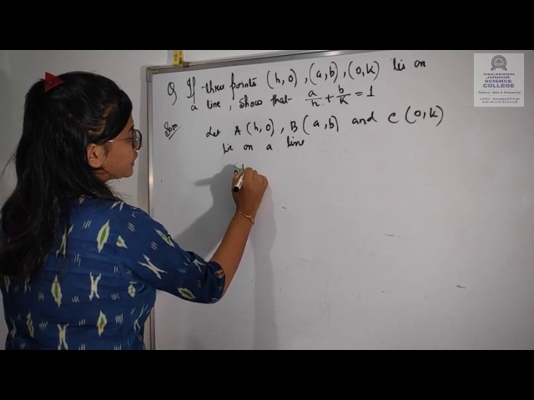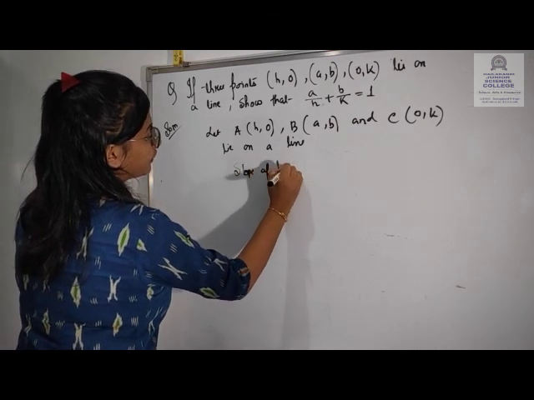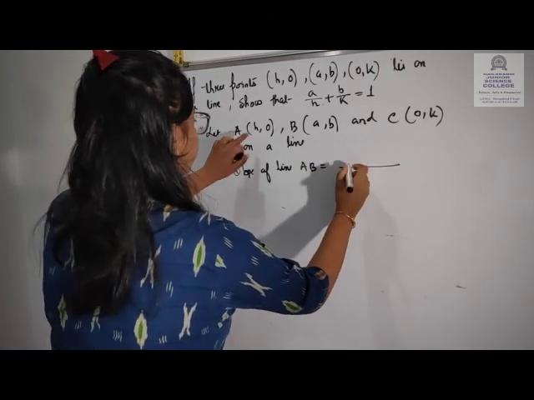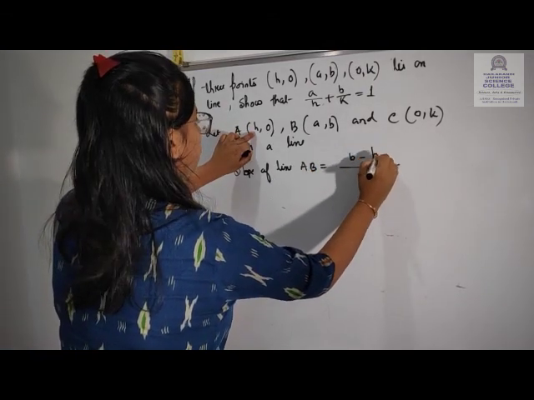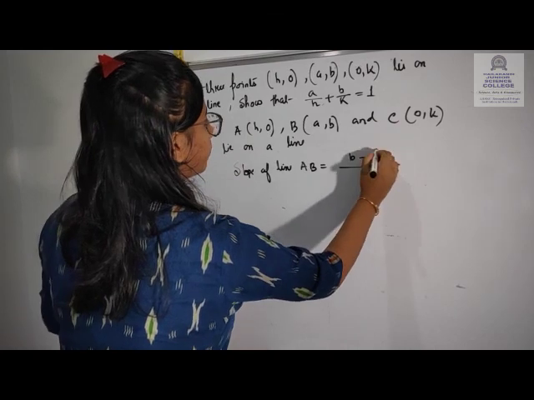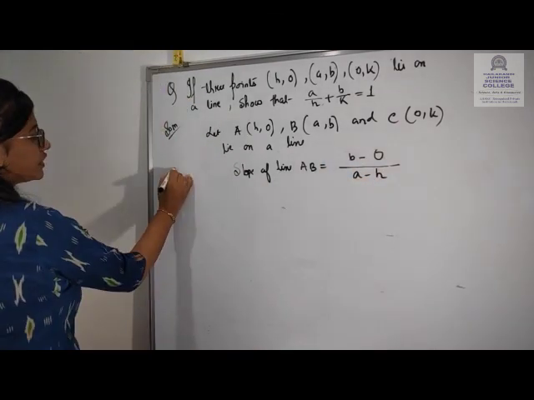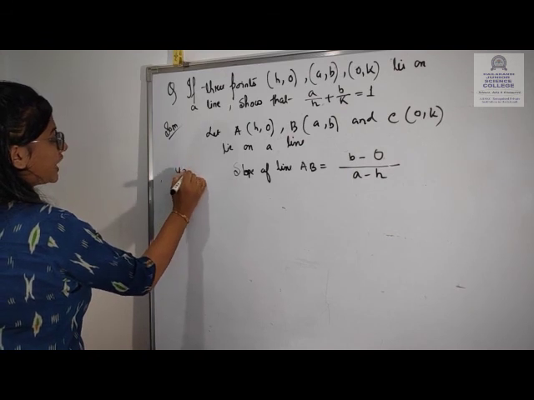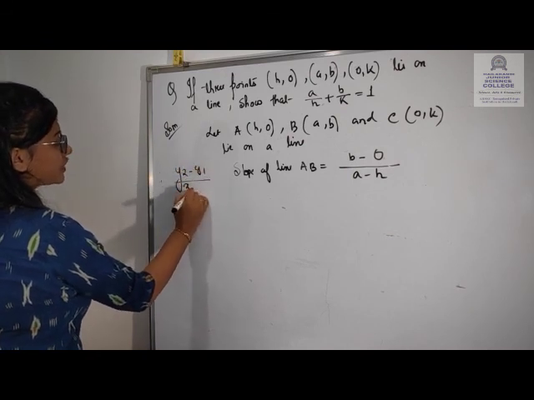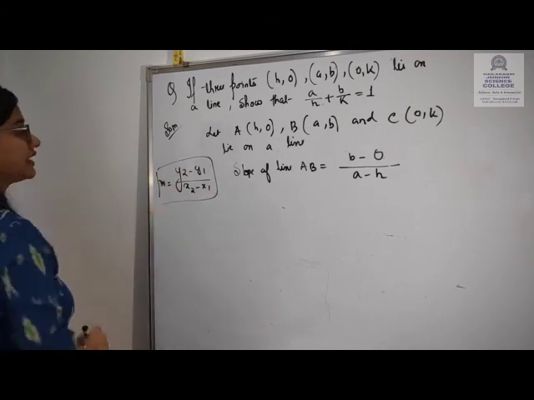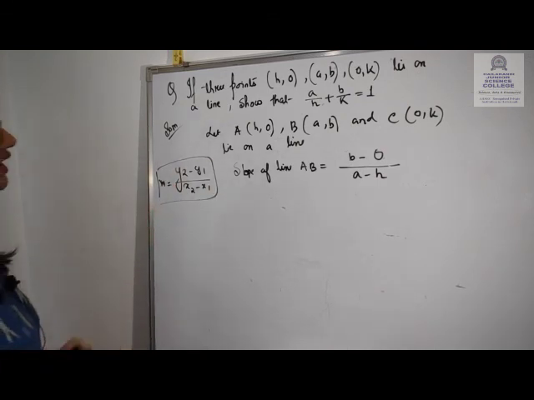The slope of line AB will be b minus 0 divided by a minus h. What formula have I used? The formula is y2 minus y1 divided by x2 minus x1. M is equal to this, the formula for finding the slope of the line when 2 points are given.